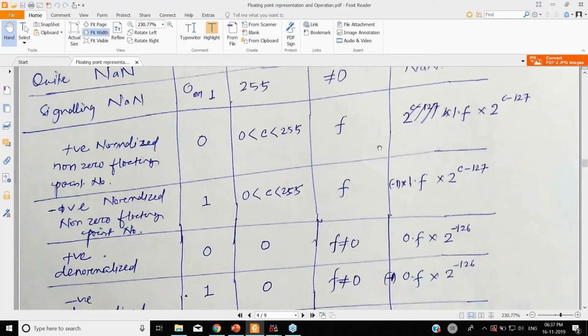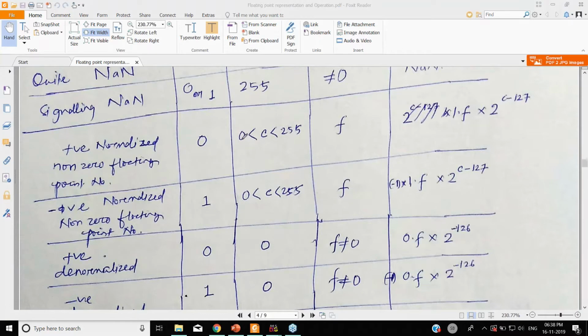And what will be a valid representation? The sign bit has to be either 0 or 1, and the exponent can range from 0 to 255, but it cannot be 0 or 255. It is strictly not equal to. Let me use the pen.